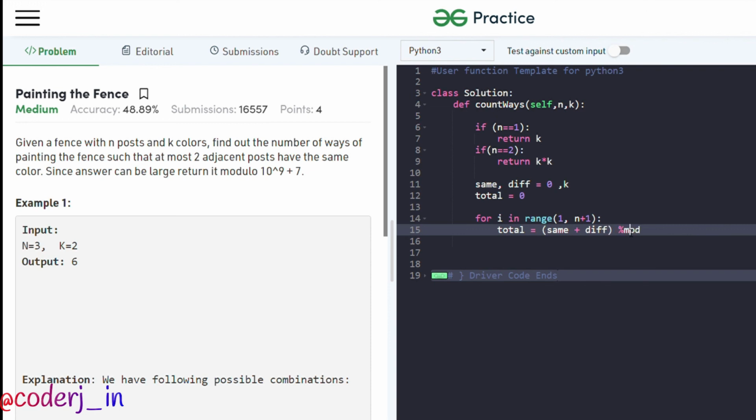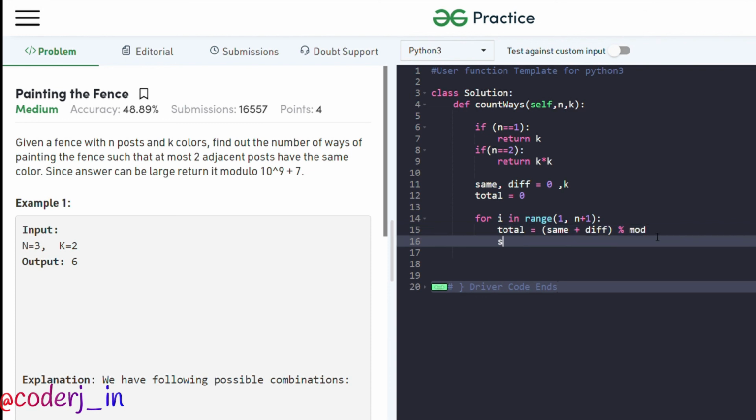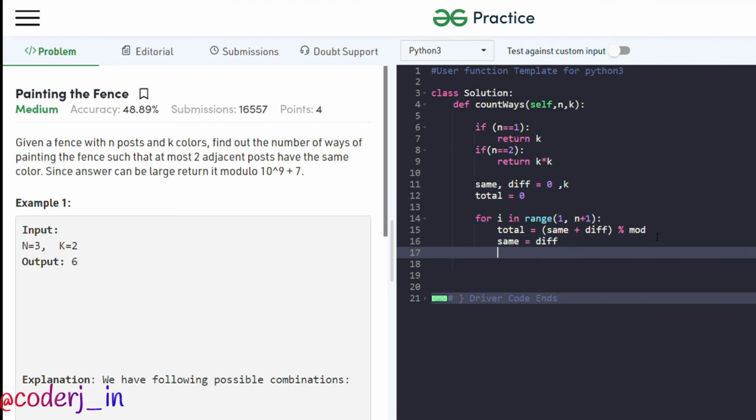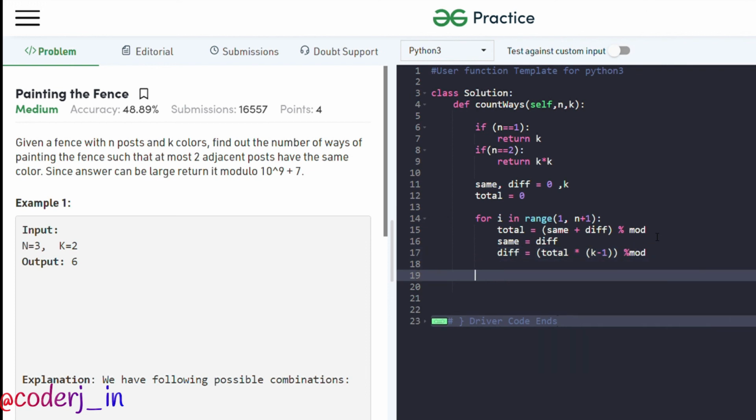Now we'll update the values. Same will become diff, right? And diff will become total into k minus 1. Since the value can exceed 10 to the power 9 plus 7, we'll again take a mod here. And at the end, let's return the total.